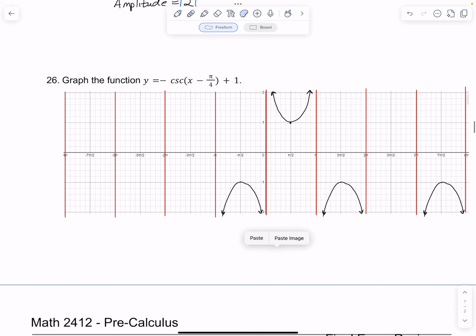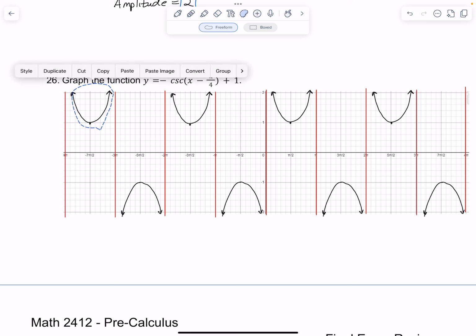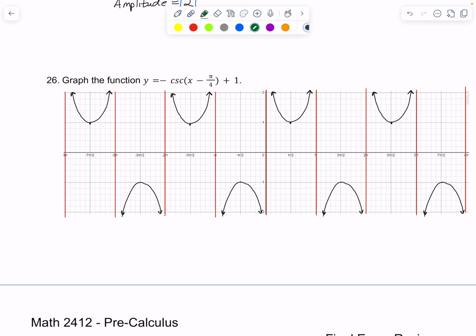So then a few things happen to my parent function. Well, let me finish drawing my parent function first. There we go. That's the whole right side. And the left side. Okay, we are good. A few things happen. First, it gets shifted to the right by pi over 4.